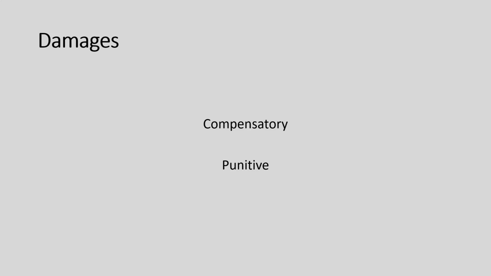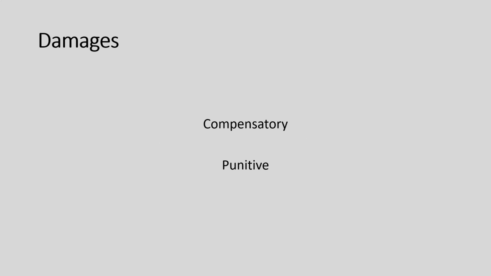So punitive damages are designed to punish. Compensatory damages are designed to compensate. Make sure you have a good understanding of those two types of damages. I think you do already, but I just want to make sure that we cover this again and in some detail. All right, that'll be the end of this segment.